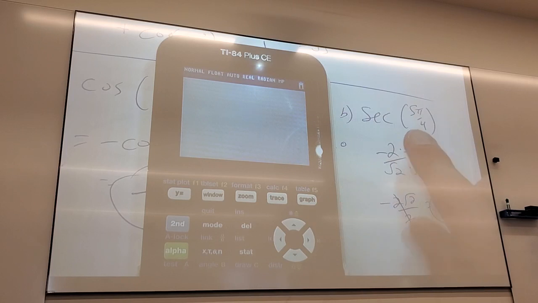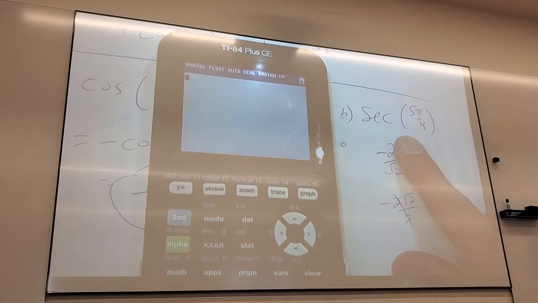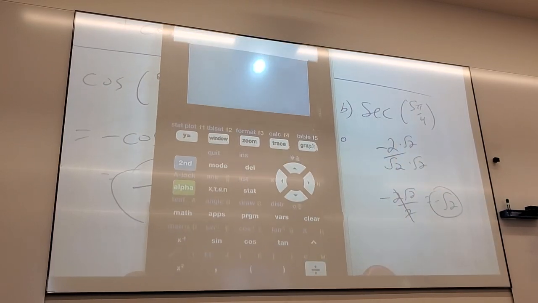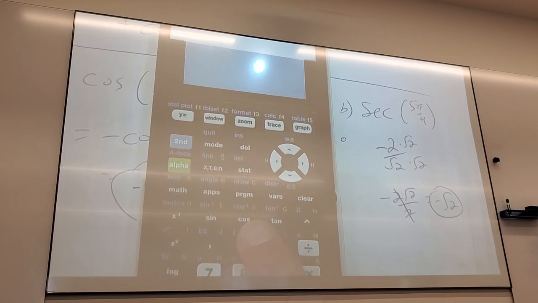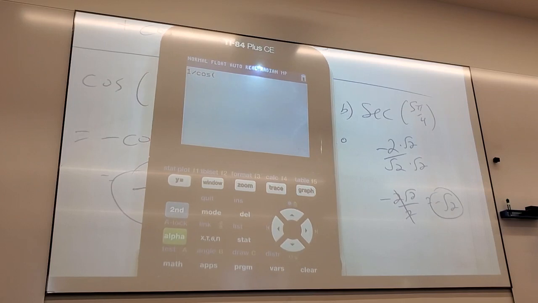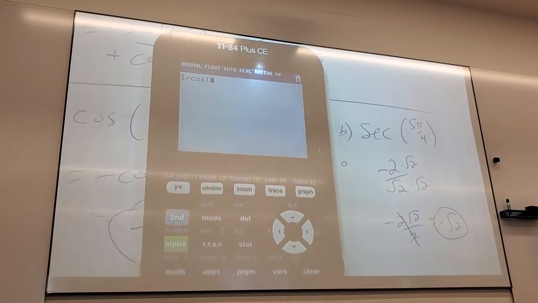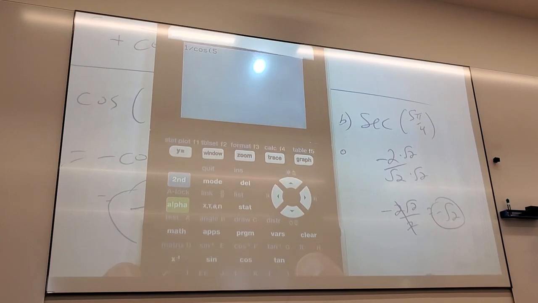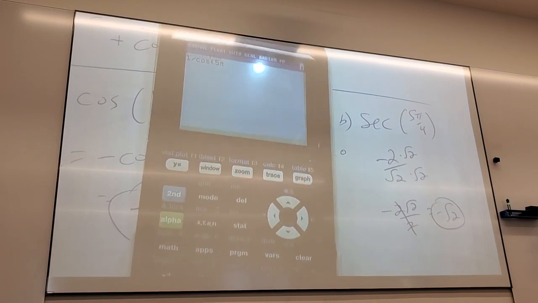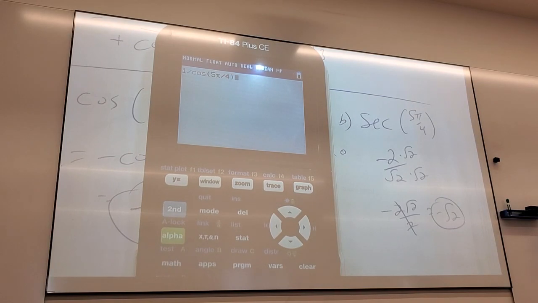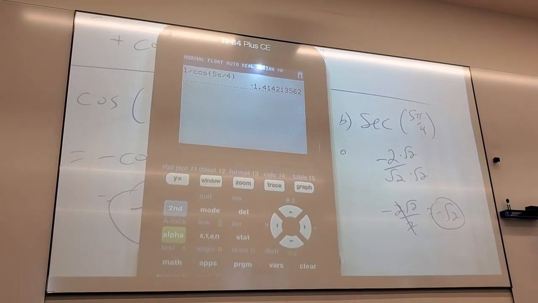So now, how do I do secant of 5 pi over 4? Is there a secant button? No. I would do 1 divided by cosine of 5 pi over 4. So, of course, we're going to get something a little gross.